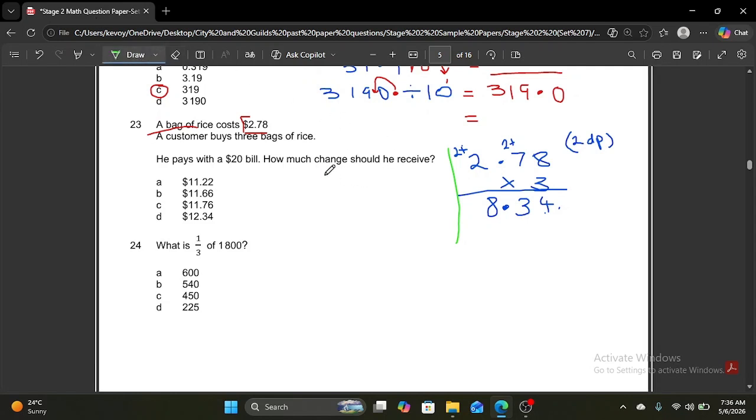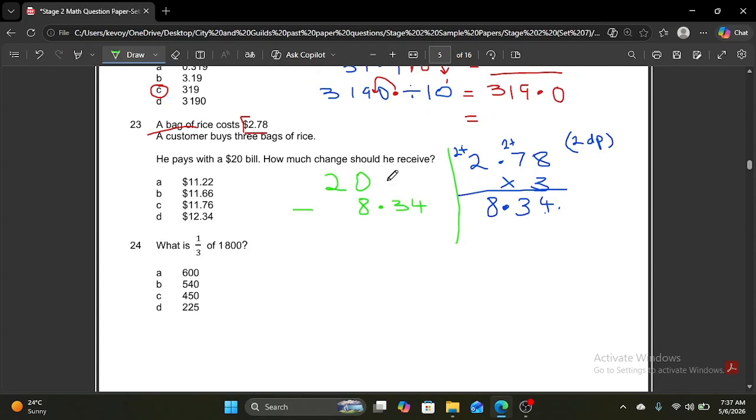So that's $20 minus $8.34. Because we have a point, there's a decimal number.